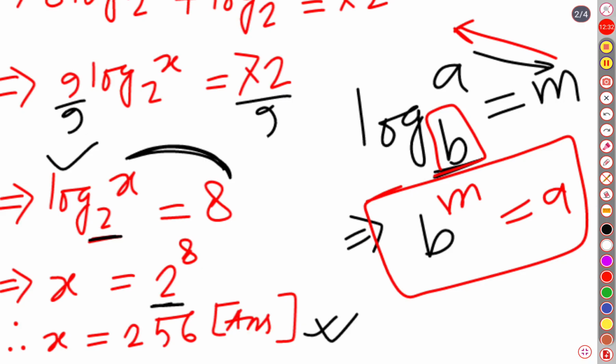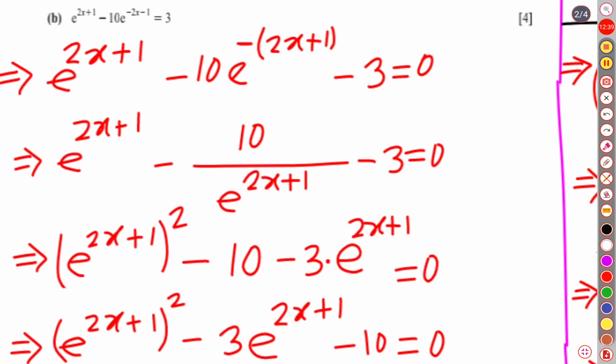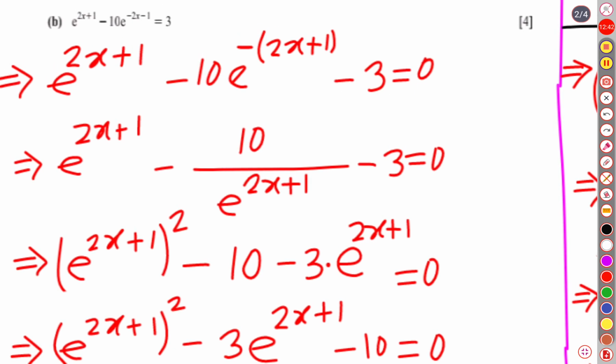Now let's talk about question b. B is e raised to 2x plus 1 minus 10 e raised to 2x minus 1 equal to 3. The first quantity we have left unchanged, and in the second one, look at this, there is a negative symbol in front of the exponent.